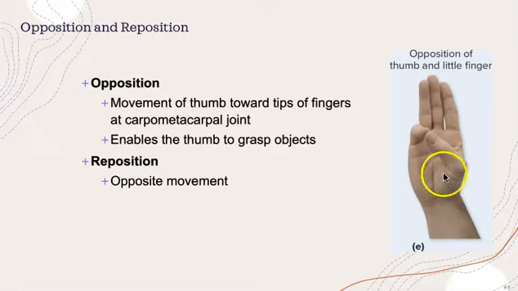The carpometacarpal joint is where the carpal is meeting our metacarpal bone. And then we are able to grasp objects in this way. We can also take our thumb and bring it over to our fourth digit, third digit, and second digit. Reposition is just when we are moving that thumb back into its original position.